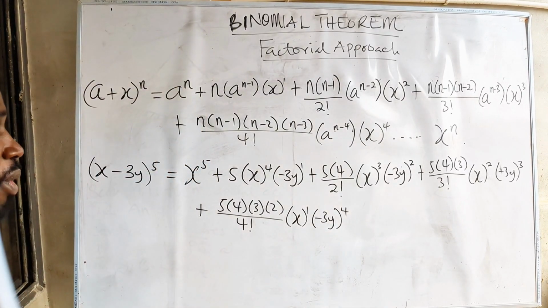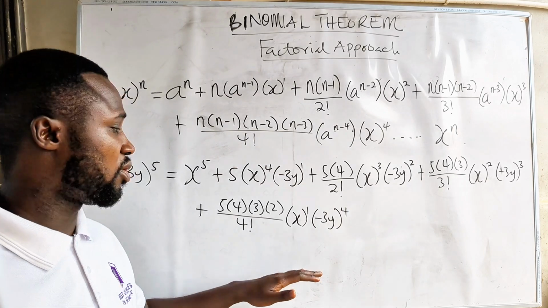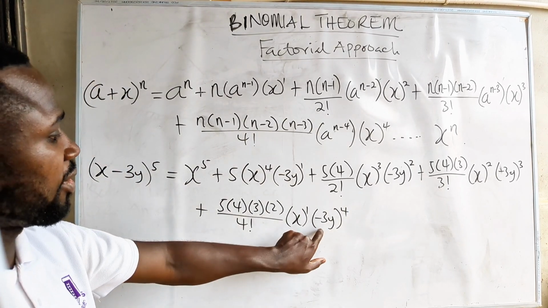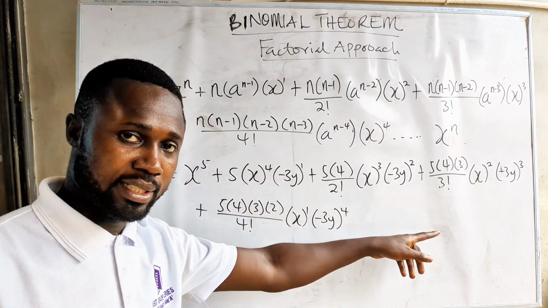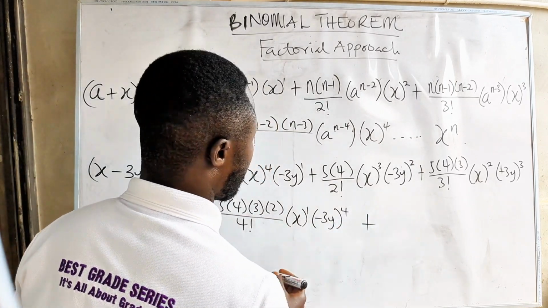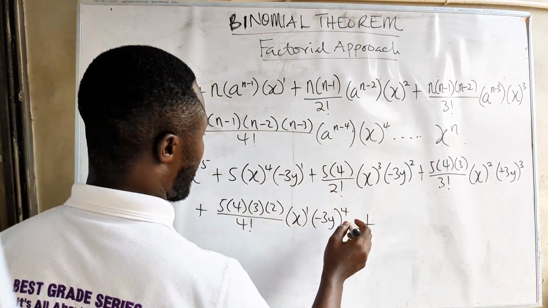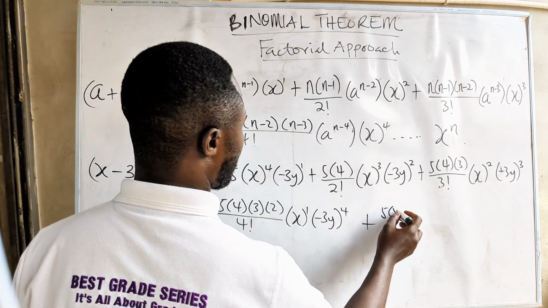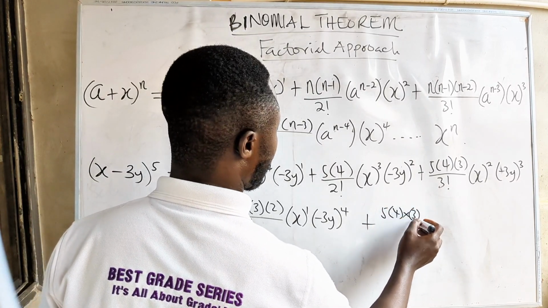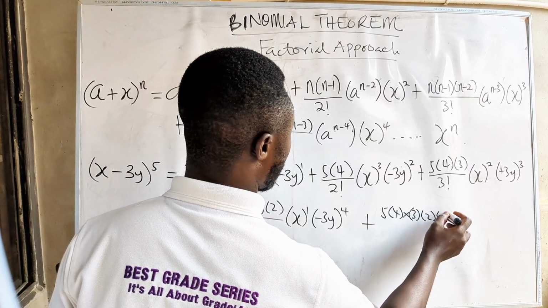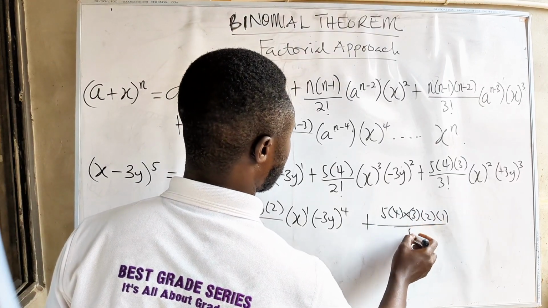So you see where we have reached here, we have what? We have our last step, because the minus 3y is going to take the exponent of 5 to get our last step. But what would have been the next step? Which would have been 5 times 4 times 3 times 2 times 1 over 5 factorial.